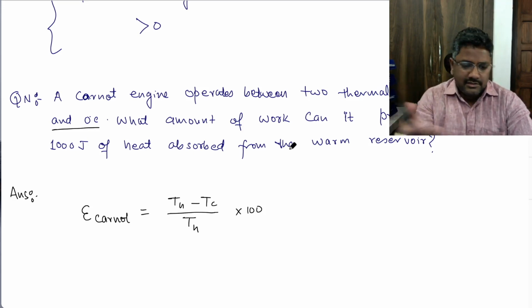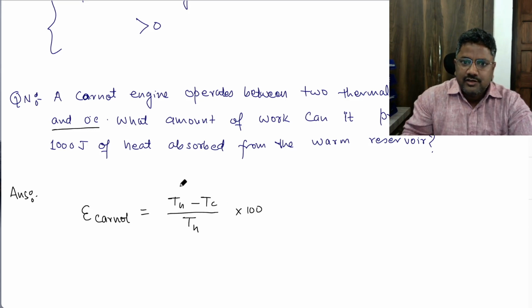If you refer to your notebook, this is 1 minus T2 by T1, where T2 is the cold and T1 is the hot. So here I have changed the notation to TH, TC, so it becomes clear.